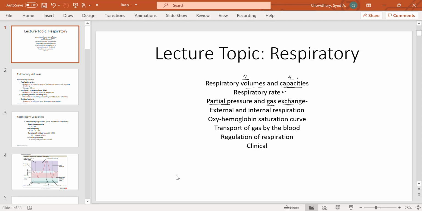Then we'll talk about the external and internal respiration. External respiration is the exchange of gas inside the lung. What happens inside the lung? You all know that blood goes to get the oxygen from the alveoli of the lung, right?